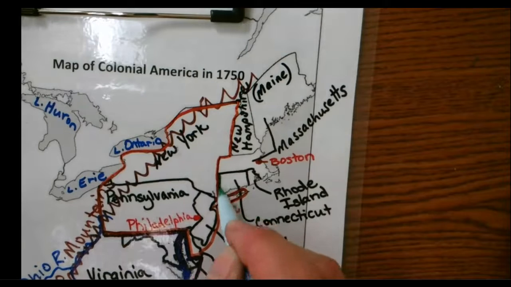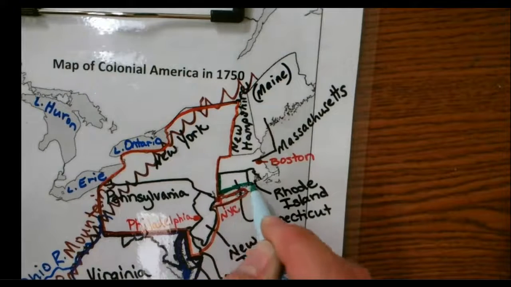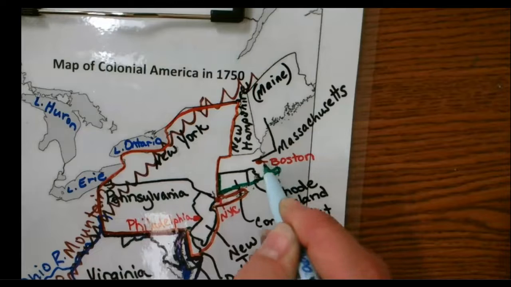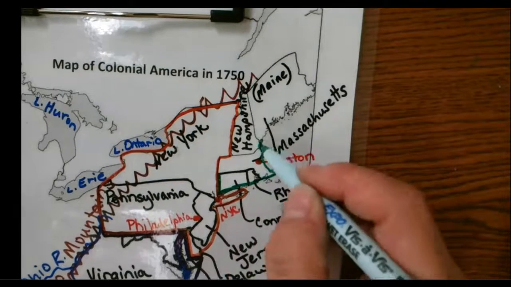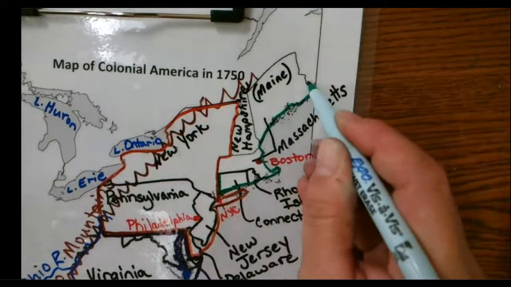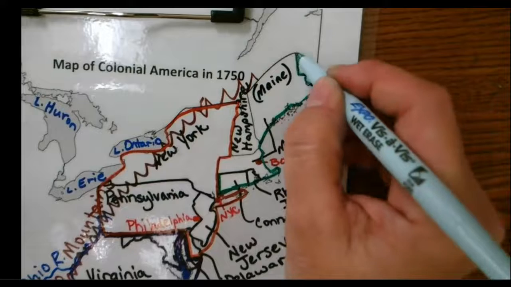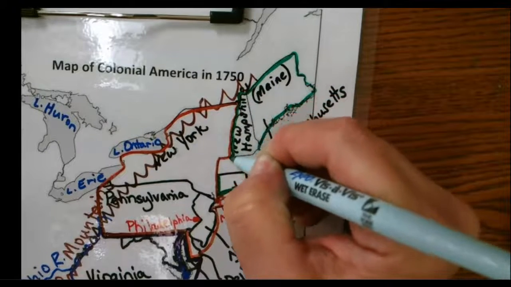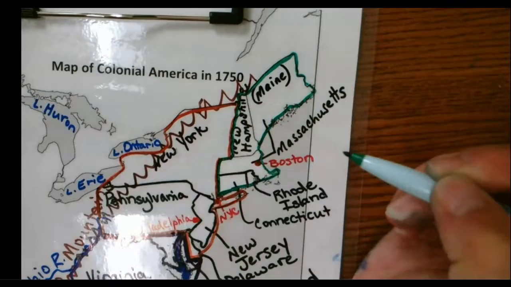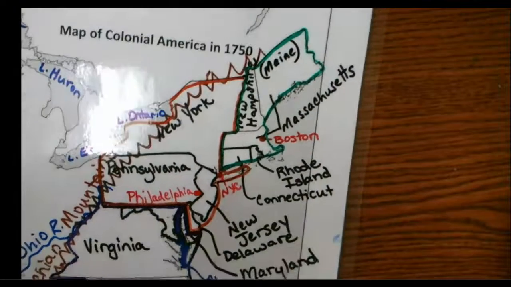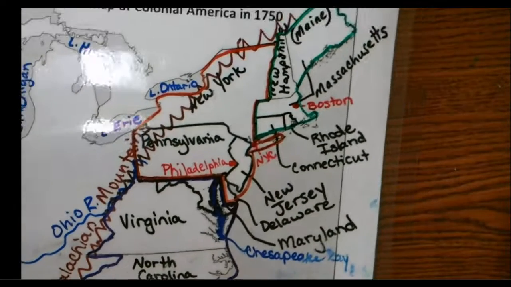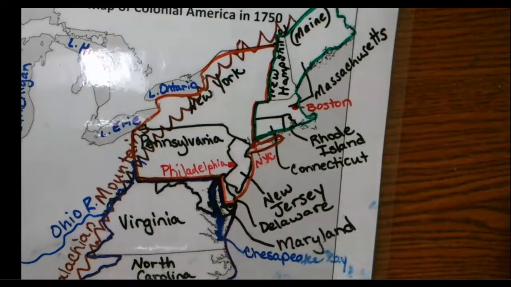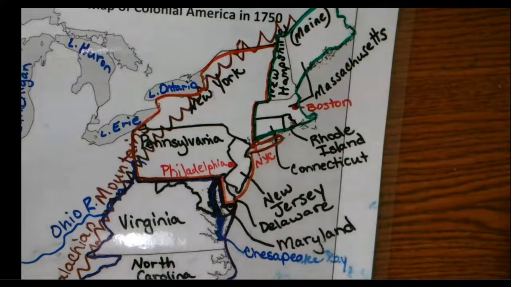So start here next to Connecticut. I'm going to outline Connecticut, Rhode Island, Massachusetts, New Hampshire, and the part of Massachusetts that we today call Maine. And those are the New England colonies. In the next couple of weeks, we will be learning why we distinguish these three regions. Okay? So make sure that your map looks nice.